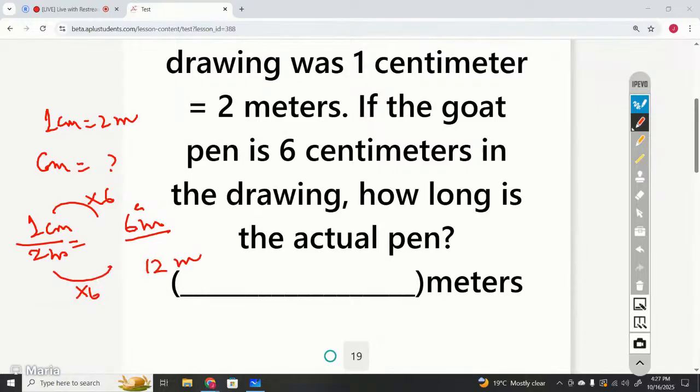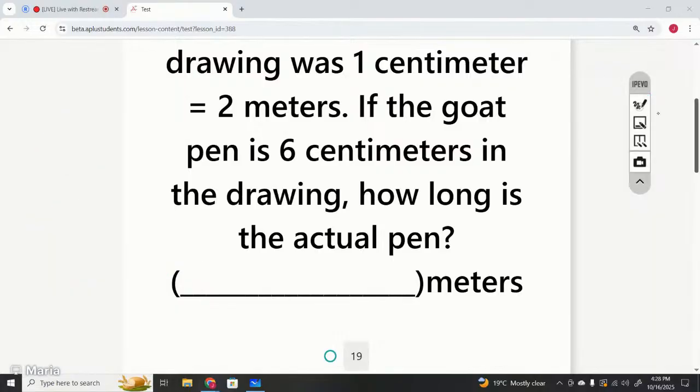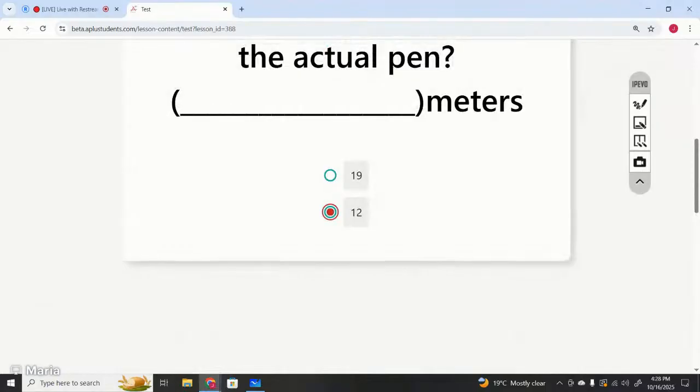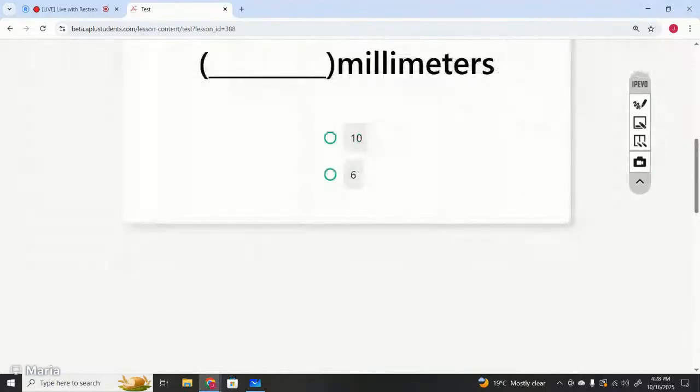That equals 12 meters. Option number 2 is the correct option.